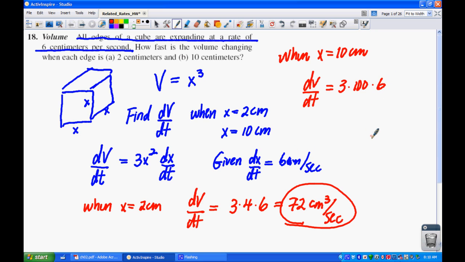Then you end up with something even bigger: 1,800 centimeters cubed per second. As you can see, as the edge of the box gets bigger, the rate of change of the volume is increasing faster and faster over time. Very interesting. So that's the answer, and hopefully you now understand how to do this problem.